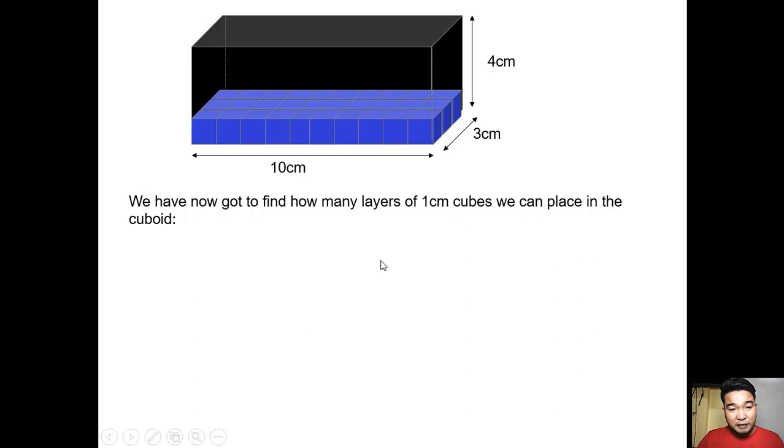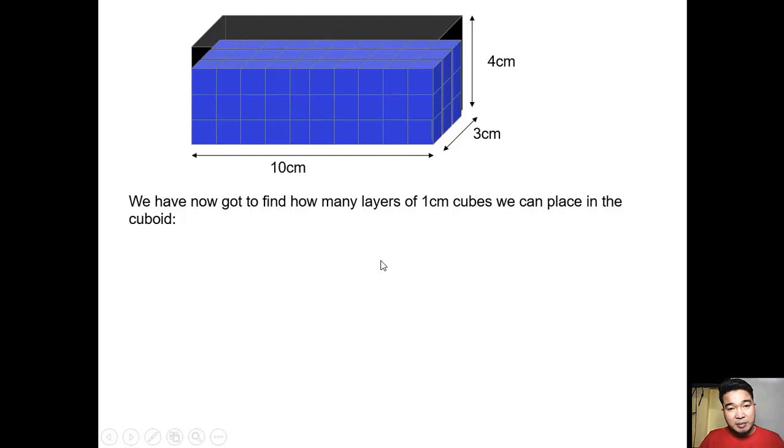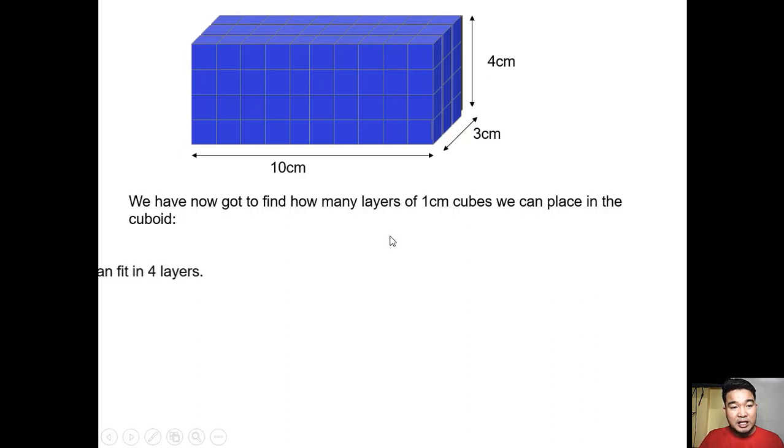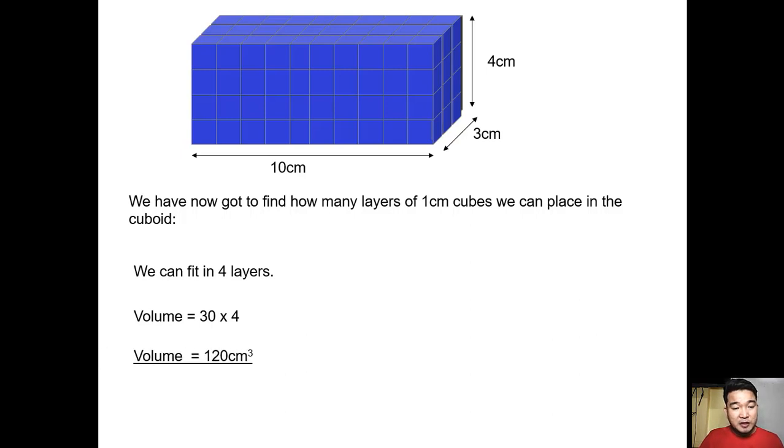So the volume of this rectangular prism would be, there you go, 4 layers of 30 cubic centimeters. So volume is now 30 times 4, which is equivalent to 120 cubic centimeters, because we have here 30 square centimeters times 4 centimeters. So the unit would be cubic centimeters, and 30 times 4 equals 120.